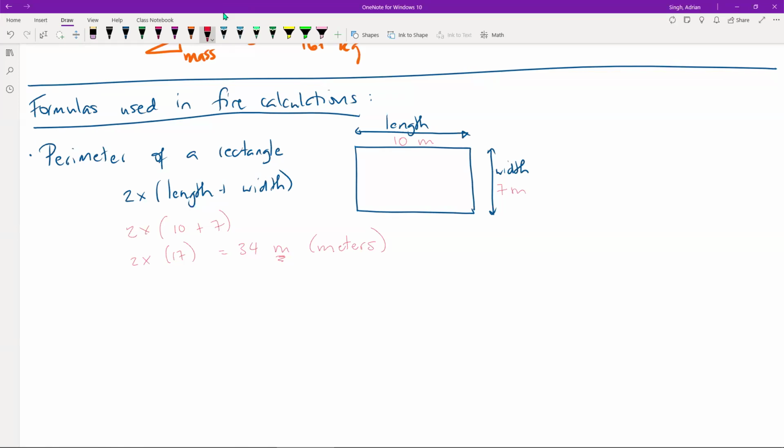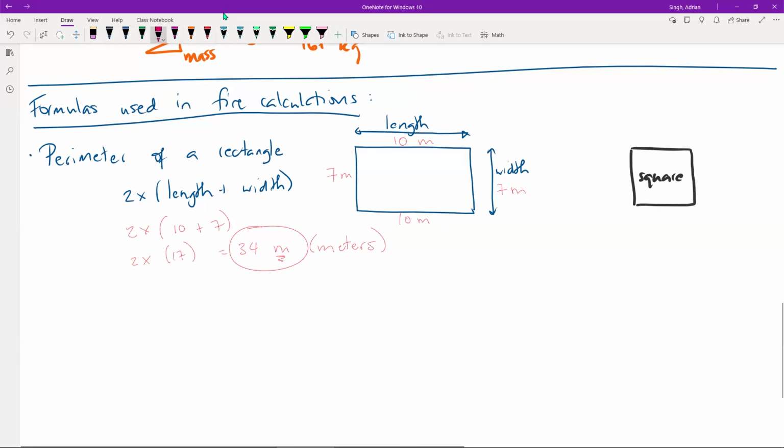Okay, so the perimeter we just add together, because in your rectangle, guess what? This side is also 7 meters, and then the length here is also 10 meters. So if you add all of these together, 10 plus 7 plus 10 plus 7, that will give you the same 34 meters. In the case that your rectangle is actually not a rectangle, but let's say it's a square. If you remember, in a square room, for example, all of the sides are equal to each other.